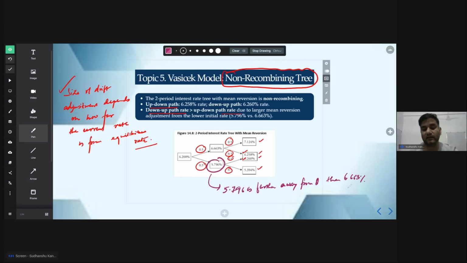Since it is further away, the down-up path has a stronger pullback, right?